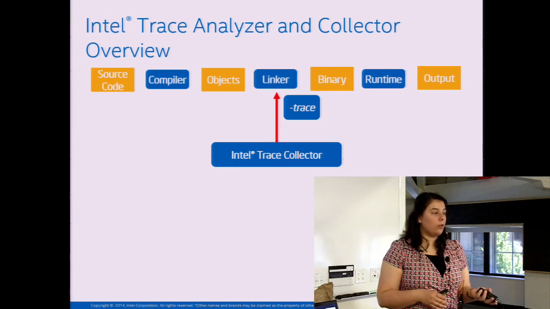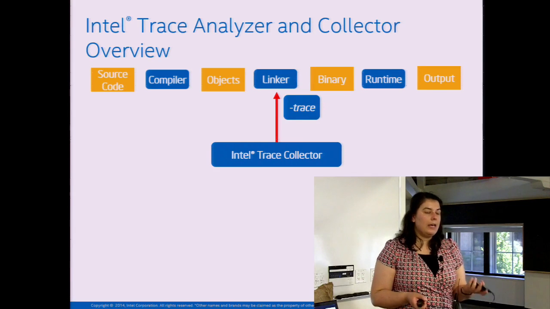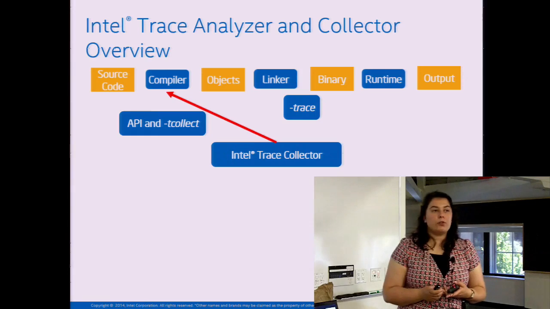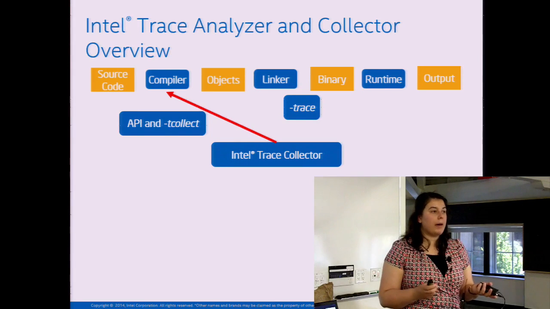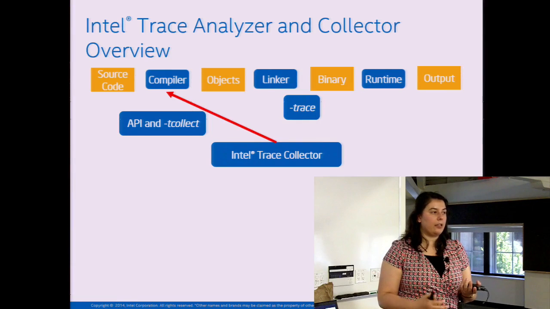Now, you can, if you want to, recompile your entire application. There's a special switch that's part of the Intel compilers, called -tcollect. If you do -tcollect and recompile your code, this will give you information about all routines in your application, not just the MPI bits.